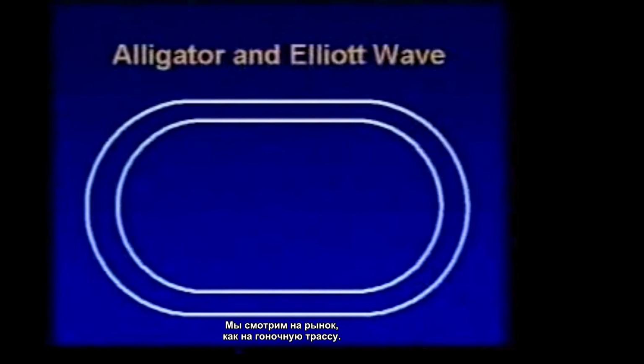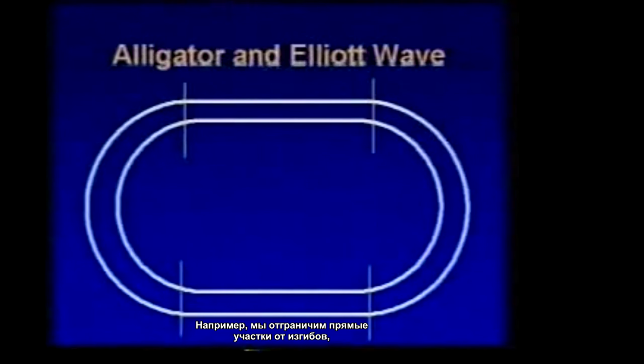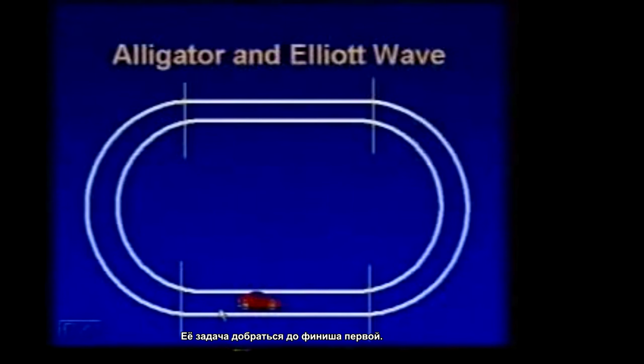And we look at the market as if it's a racetrack. And in the racetrack, you have straightaways here, and you have curves going around. And the cars go around these at different speeds. For example, we'll divide the straightaways from the roundabouts, or the curved end of the racetrack, and we have a car here. And this car is a racing car, and the object is to get there before anybody else does.